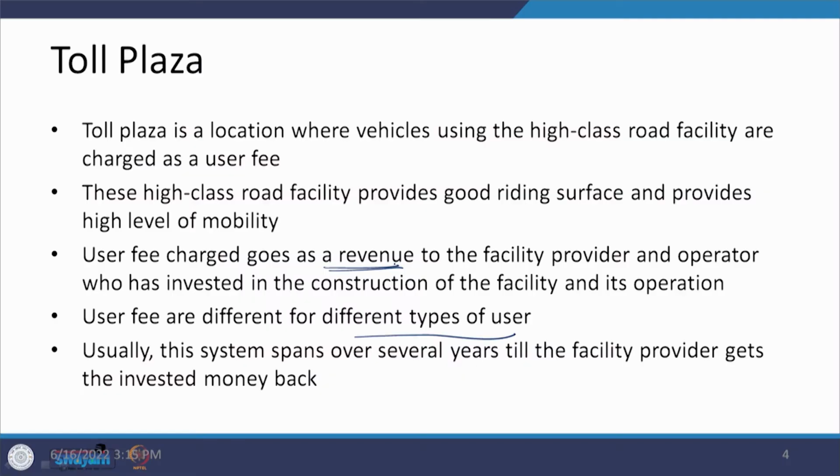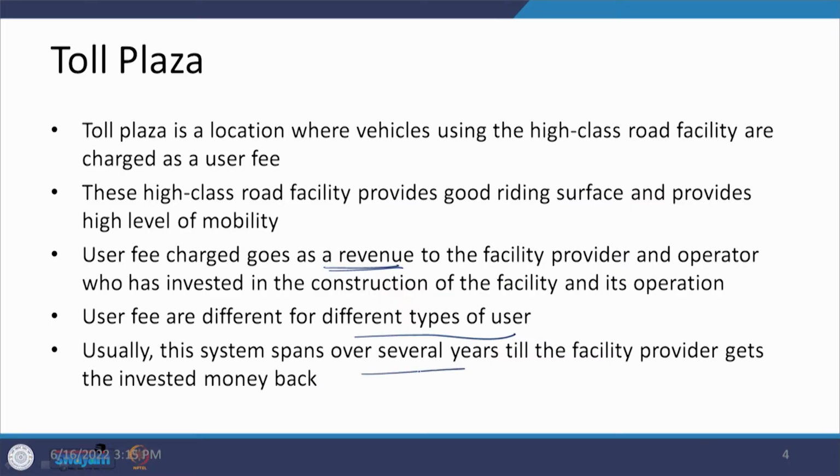Similarly, if the next 50 kilometers are being constructed by some other company, then there is going to be another toll plaza in that sense, but as far as possible the toll plazas should be as few as possible all along the network. Now, when we are planning these types of systems and when we say that the revenue is being generated by way of the user fee, it is not going to happen in one day.